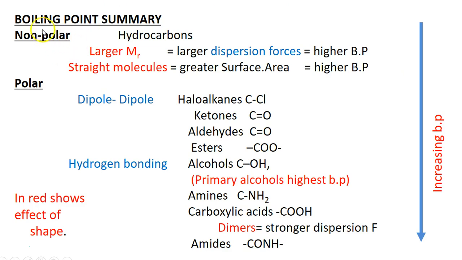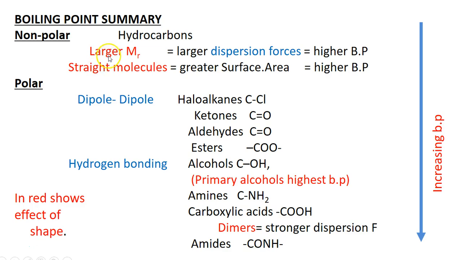Okay, a summary. Boiling point, so the lowest ones, this is increasing, they should go up. Small hydrocarbons have the lowest boiling point. As they get bigger, the dispersion forces get bigger, so the boiling point gets bigger. If they're straight, they also have a higher boiling point. So you need to look at the combination of these things.